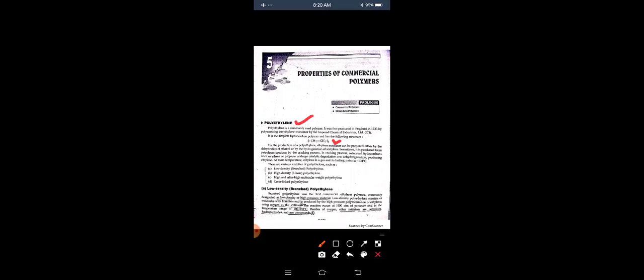For the production of polyethylene, ethylene monomer can be prepared either by the dehydration of ethanol or by the hydrogenation of acetylene. Acetylene converts into ethylene by hydrogenation. Sometimes it is produced from petroleum products by the cracking process.